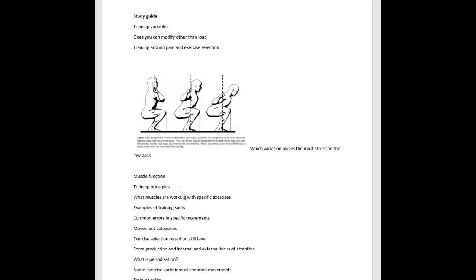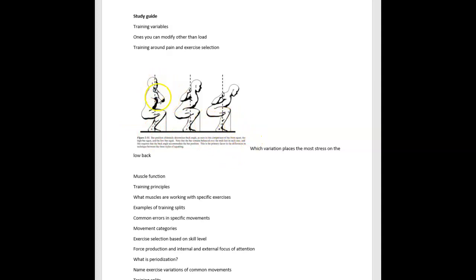Okay. So which one biomechanically is going to put the most stress on the low back? So you see this line right here, right? The dotted line, and then you also see this solid line, right? Okay, so the distance between those two represents the moment arm at the knee.